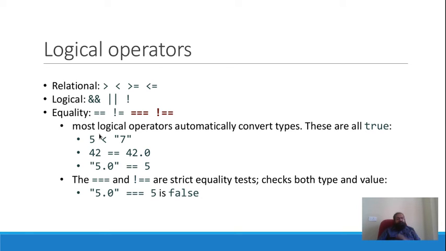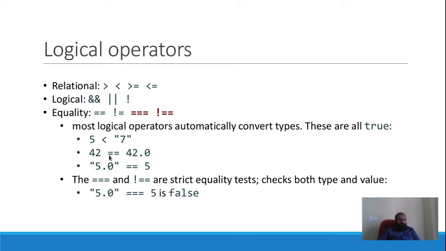So most logical operators automatically convert the types. That is the reason why we have this additional triple equal to and not double equal to. Okay, so if I do 5 less than 7, this will evaluate to true, while 5 is actually a number and 7 is actually a string, but it does the conversion implicitly.